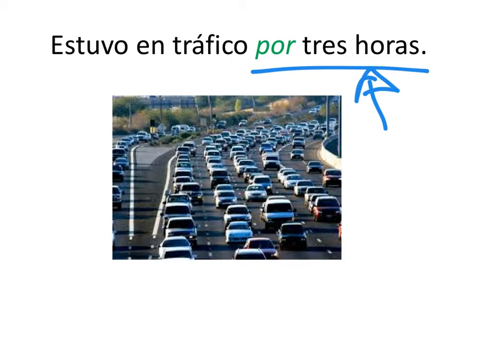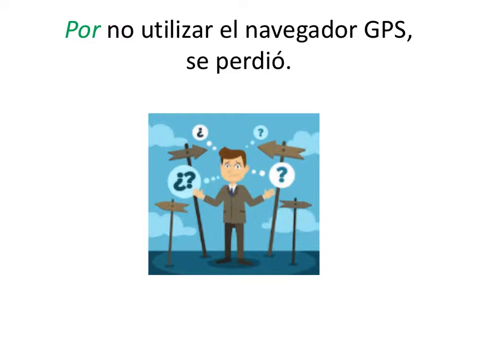So en sus papeles, ustedes pueden indicar el uso. Actually, period of time. Because por is used with a duration of time. Whenever we say how long something lasted. ¿Ok? ¿Entienden? Bueno, vamos a otro ejemplo.